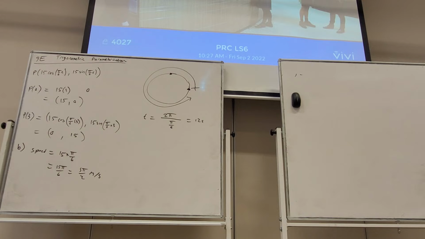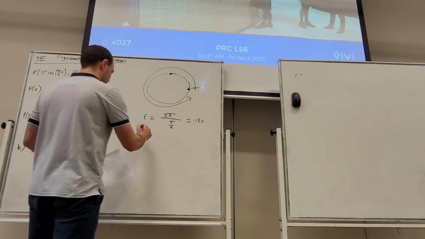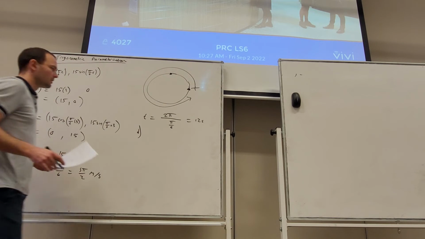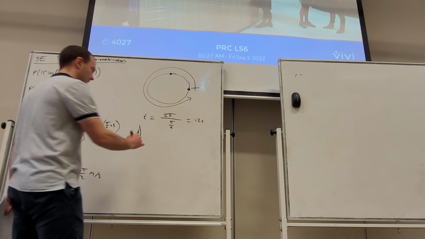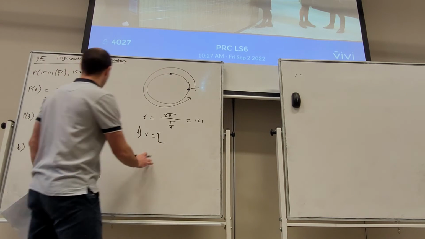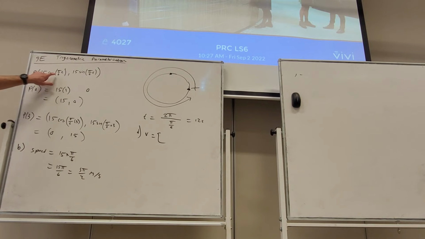Part D. Find the velocity vector after 5 seconds. If this is the position vector, the velocity vector is going to be the derivative of that. So let's state the velocity vector. The derivative of the x is going to be, when we differentiate cos, it goes to negative sine.